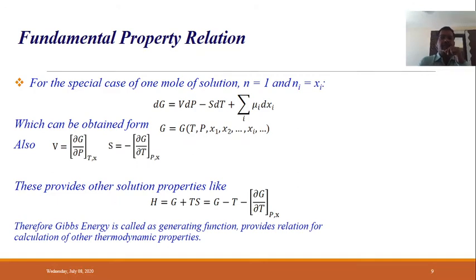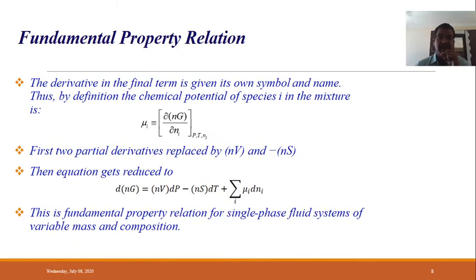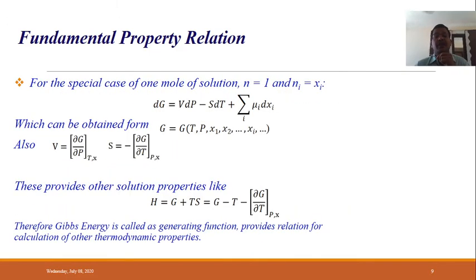Again, if you simplify this particular relation for the special case when you put n equal to 1, then Ni is replaced by xi, because xi is nothing but Ni upon n, that is the number of moles of ith species divided by the total number of moles, the mole fraction of ith species. So when I put n equal to 1, the previous fundamental property relation is converted into the simple equation dG is equal to V dP minus S dT plus summation of mu i dxi.